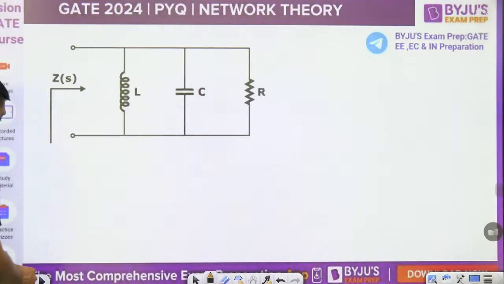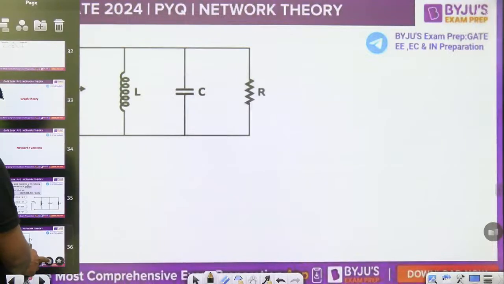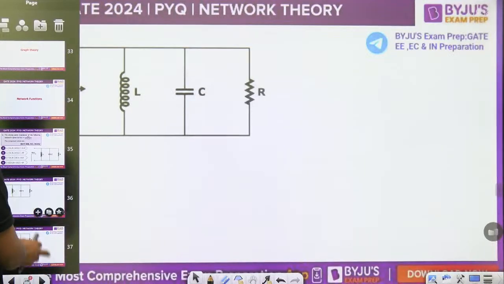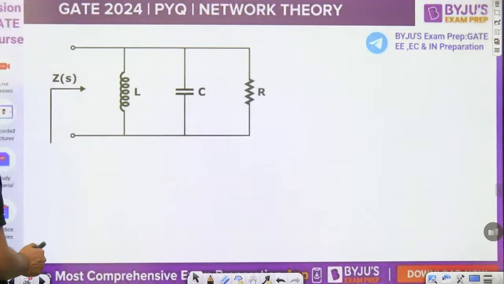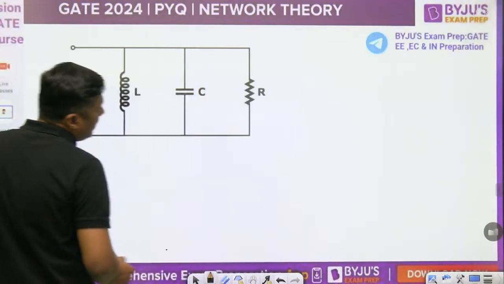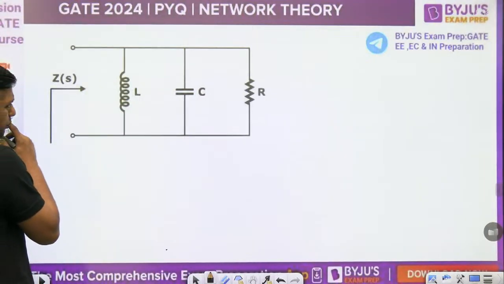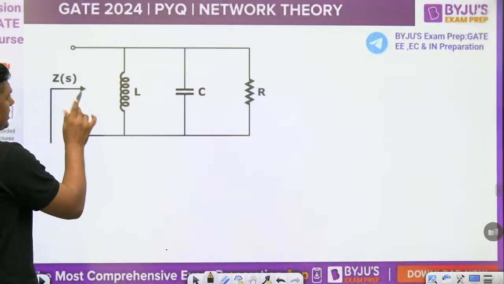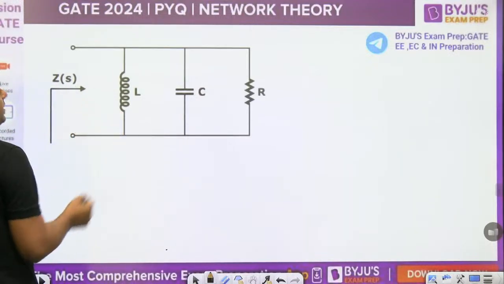Now watch this, very easy. In the parallel case, you can find the admittance.